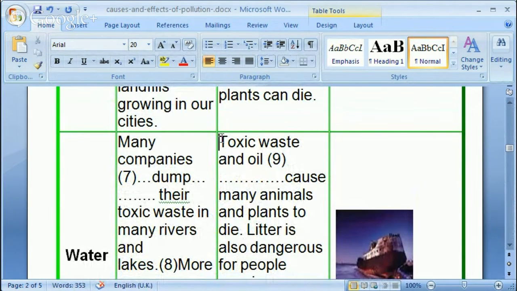Toxic waste and oil, blank cause many animals and plants to die. Again, in front of the verb, I've got a noun, and then a blank, and then a verb.